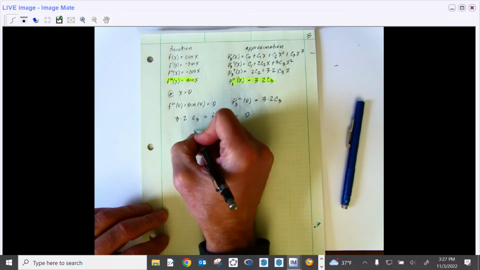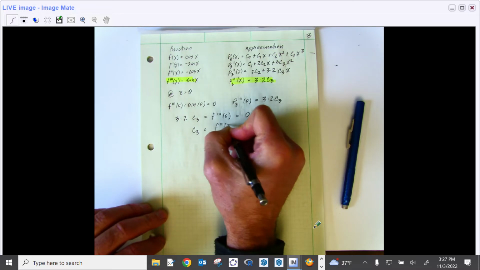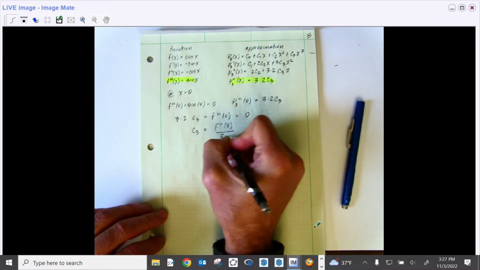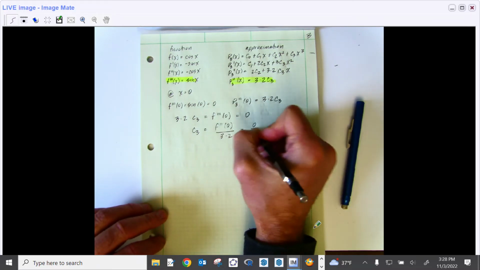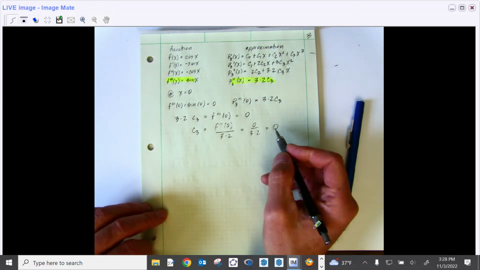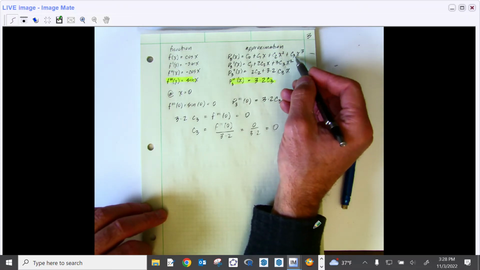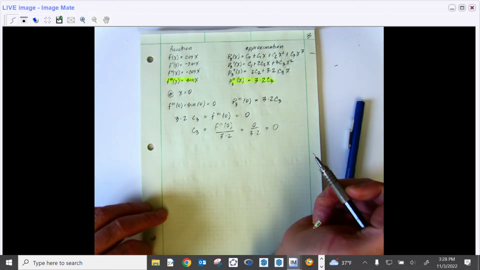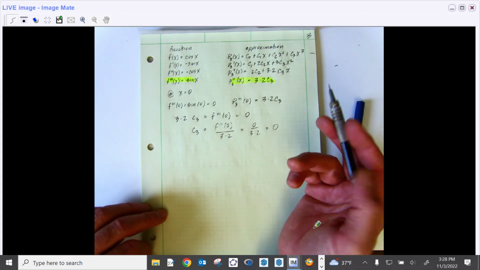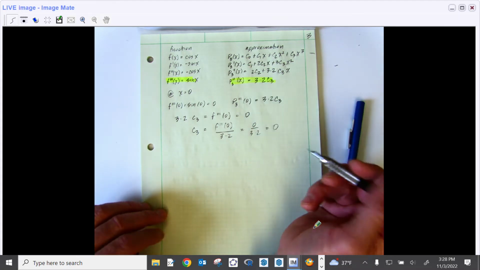But what that gives me for C3 is f triple prime of 0 divided by 3 times 2, which here is 0. So it turns out that C sub 3 is equal to 0 in this case, which is kind of curious because that means the third degree Taylor polynomial approximation is the same as the second.